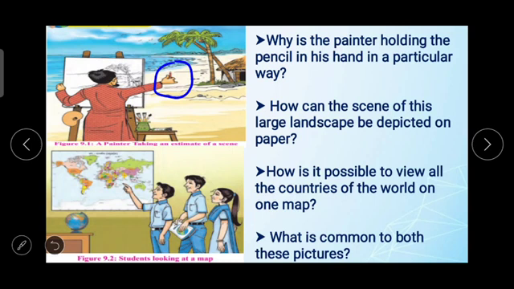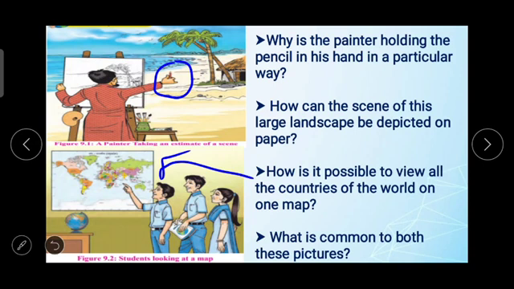Then second one, how can the scene of this large landscape be depicted on paper? And third one, how is it possible to view all the countries of the world on one map? Here students are looking at a map and you can see the countries of the world on a single map.